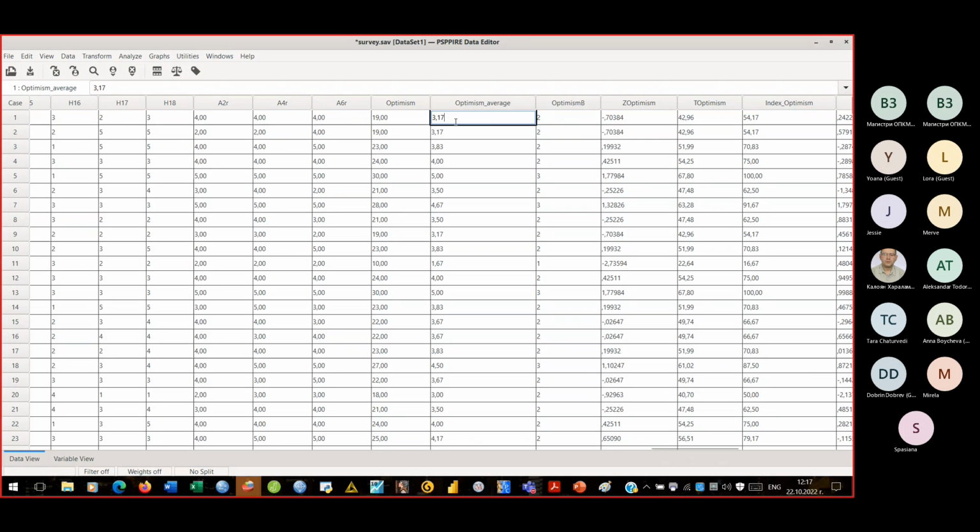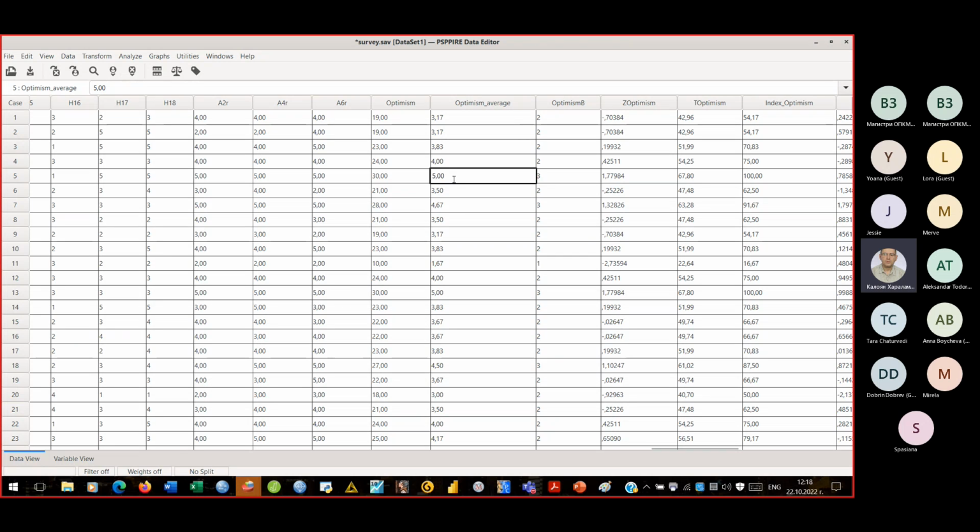Here, this person, his or her average score is almost 3. That means that this person is neither nor. Neither disagree nor agree. But here, this person, 3.8 is almost 4. That means that this person is rather agree. Also here, the result is 4, rather agree.